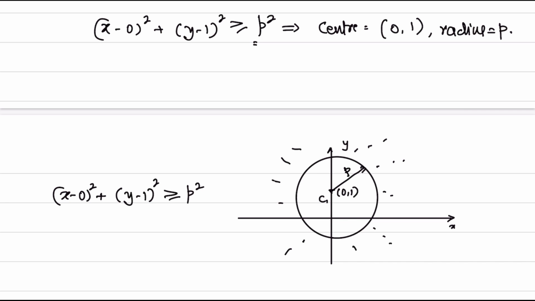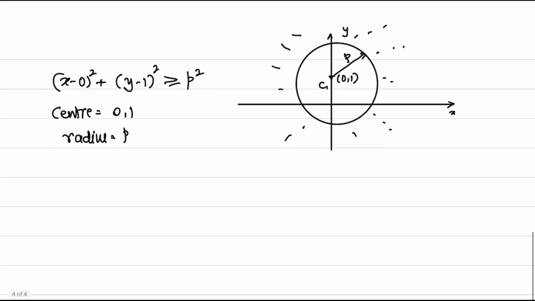Greater than or equal to p. The center is (0, 1) and the radius is p. This is the area beyond that; this particular graph denotes it.